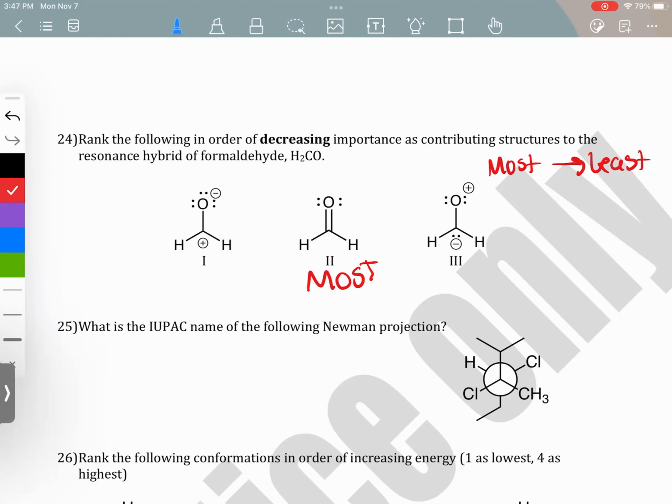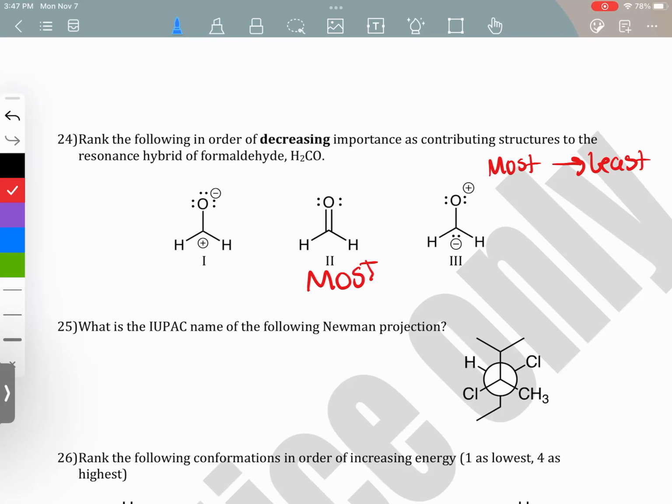So then, out of these two, which one is the least important? We do have charges formed after movement, right? We have a carbocation and a carbanion, that's the negative charge, another way of saying that. So oxygen next. Oxygen doesn't want to be positive, so I would say 1.